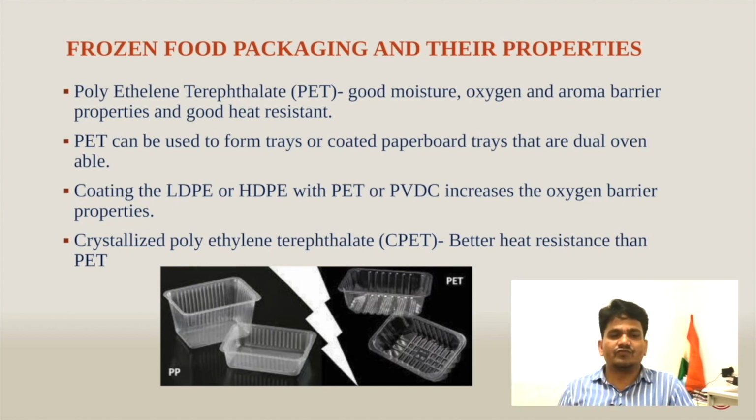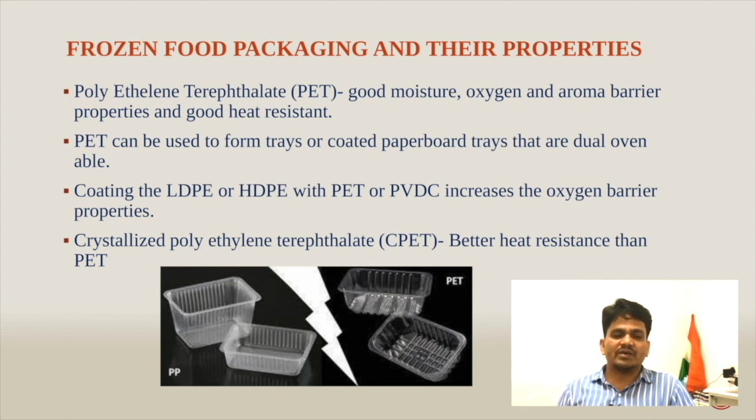PET can be used to form trays or coated paperboard trays that are dual ovenable. Coating LDP or HDP with PET or PVDC increases the oxygen barrier properties. Crystalline polyethylene terephthalate has better heat resistance than PET.